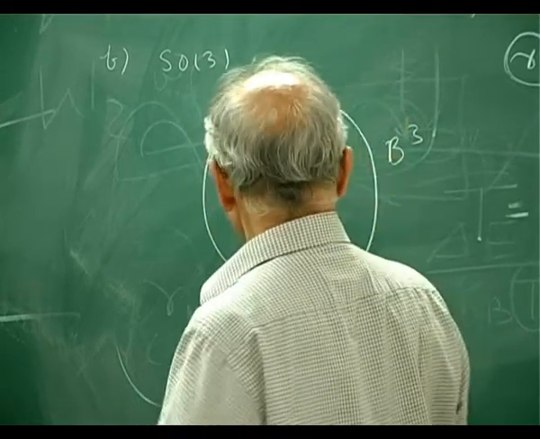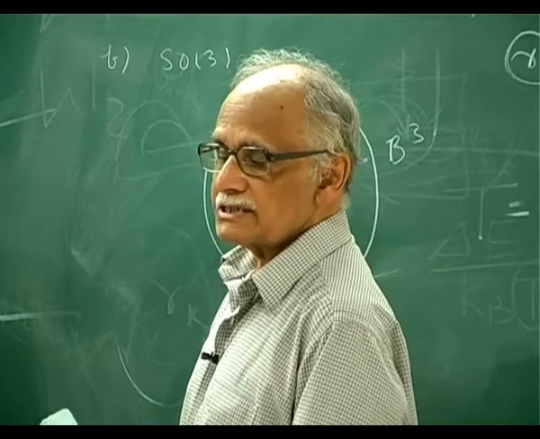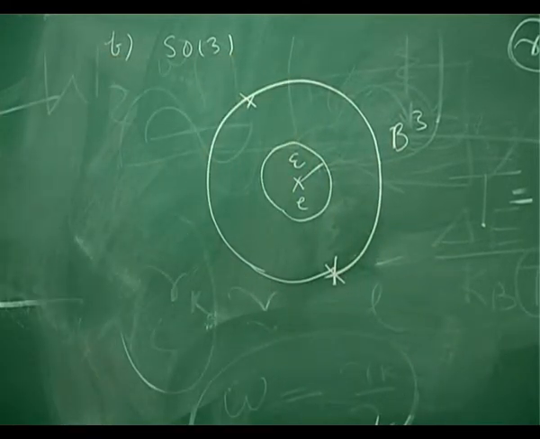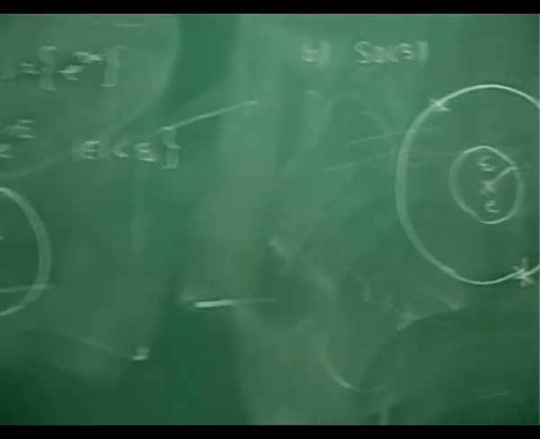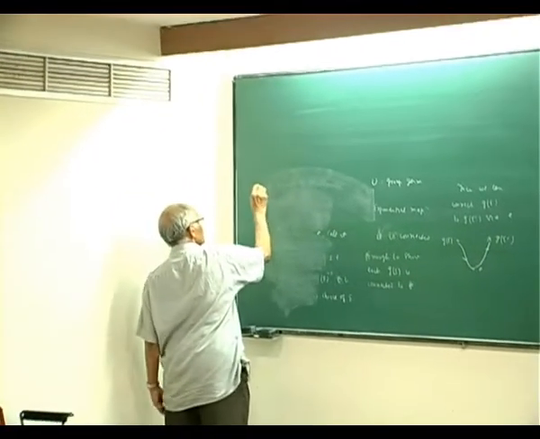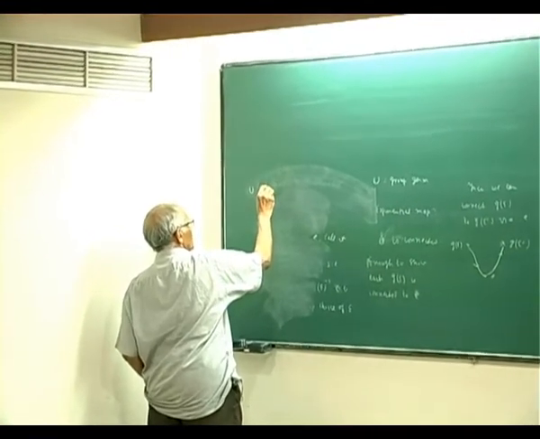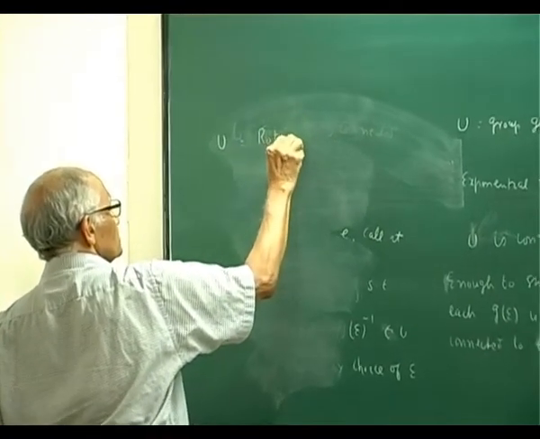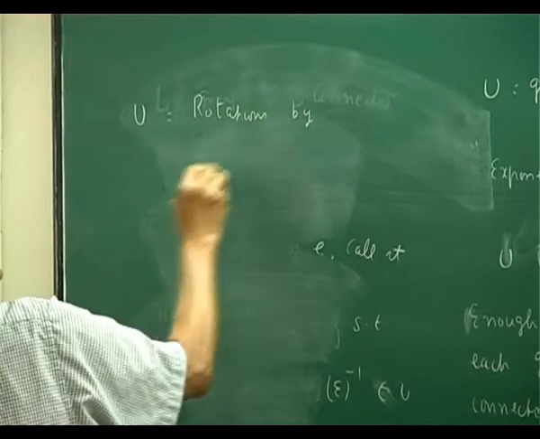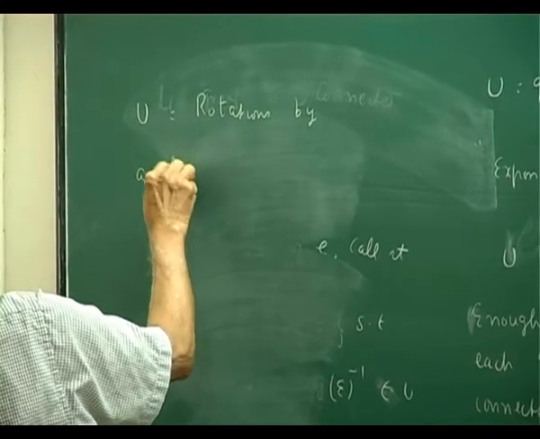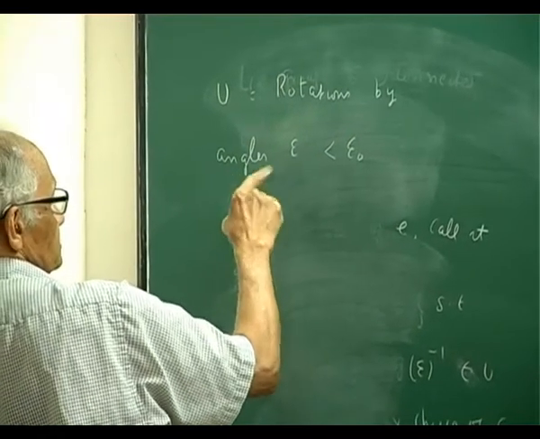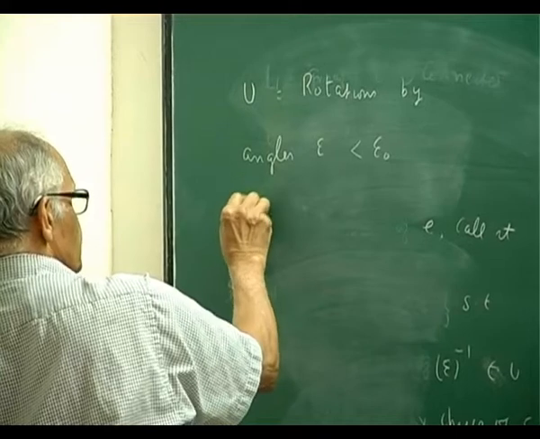You can choose for U all rotations of angle less than epsilon, around every axis. So U consists of rotations by angles less than epsilon 0, about every axis.